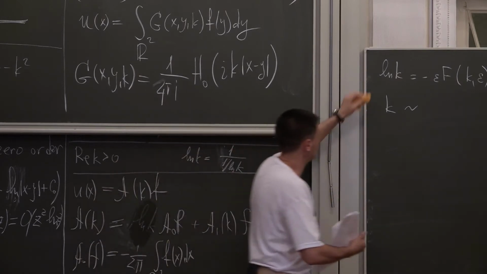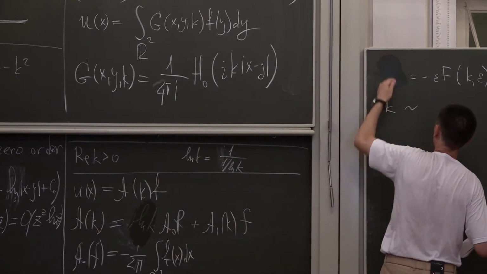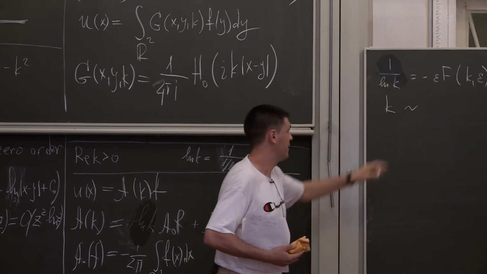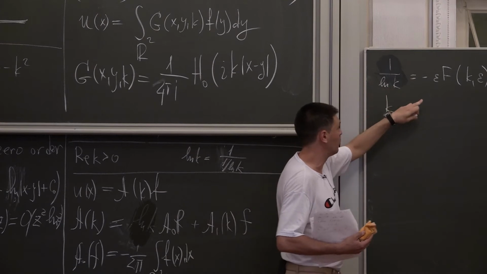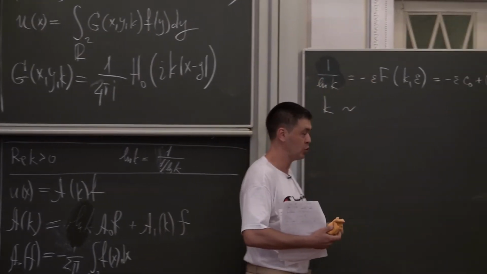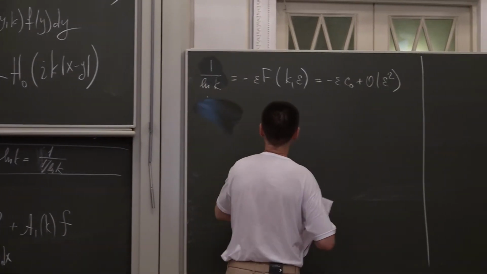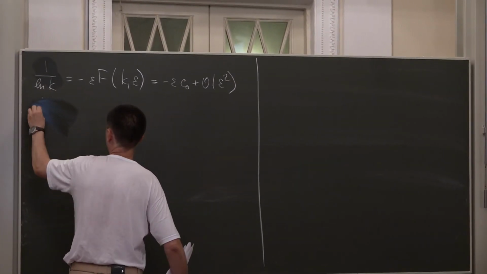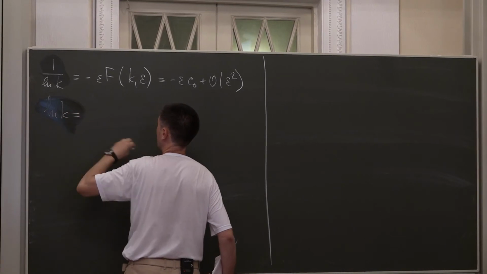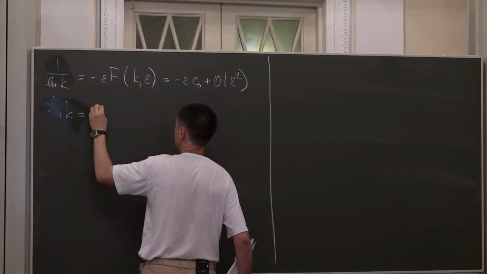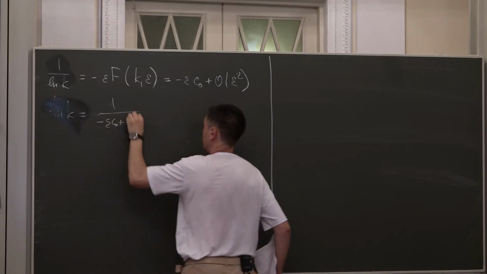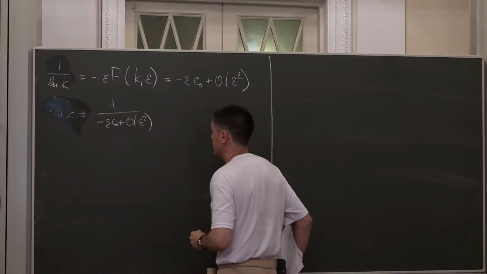And then in the left-hand side, we shall get 1 over logarithm, like this. This one should be small. This one is small, and this one should be small. Then finally, if we solve asymptotically this equation, we shall get the following thing. So this logarithm equals to 1 minus epsilon c0 plus O of epsilon squared.